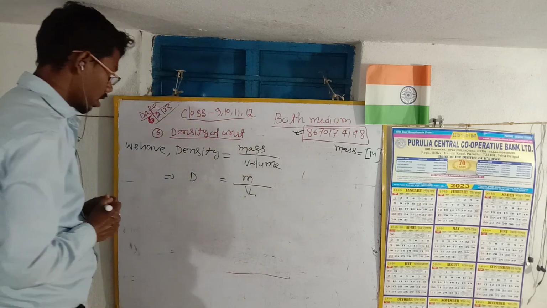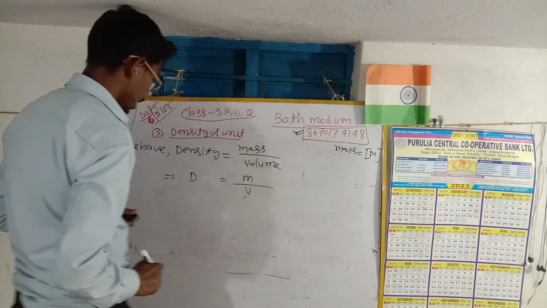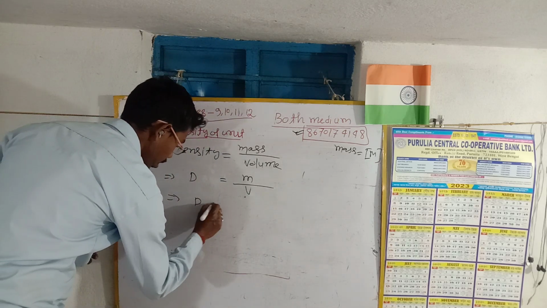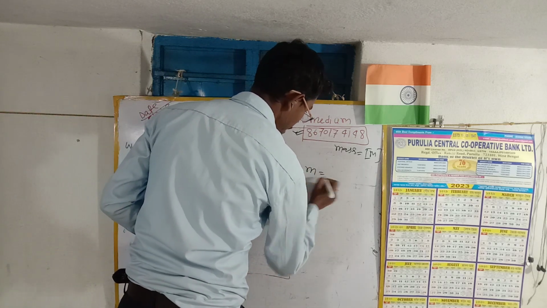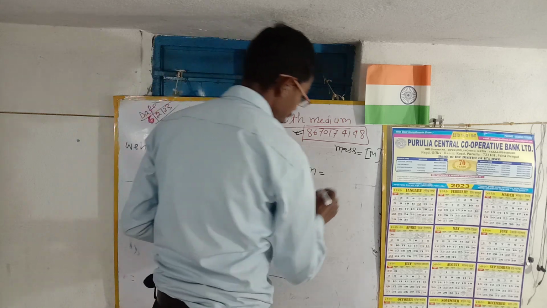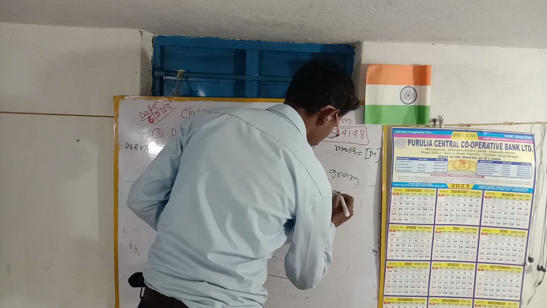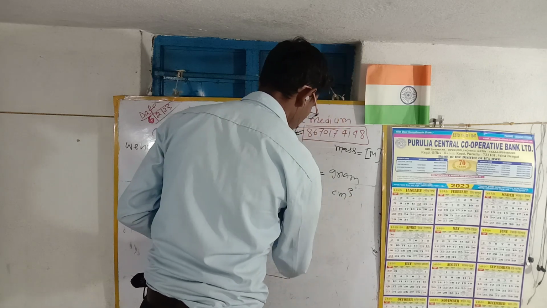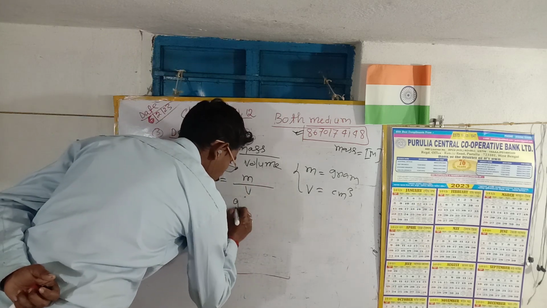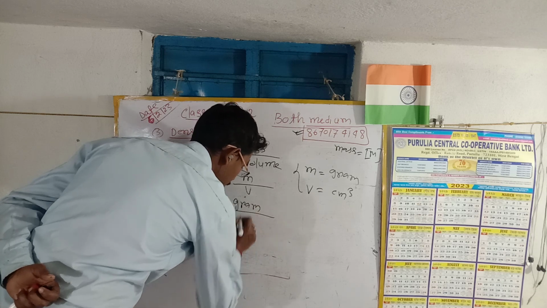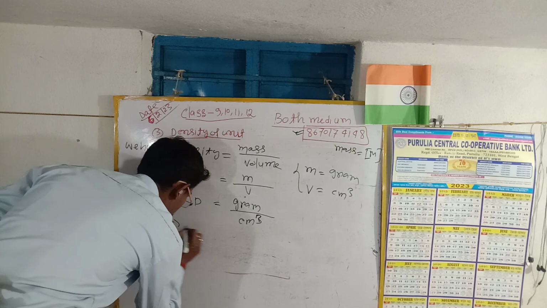So mass is m, volume is V, density is D. Now put the mass unit: the CGS unit of mass is gram, and the unit of V is centimeter cube. So put mass unit gram and volume unit centimeter cube.